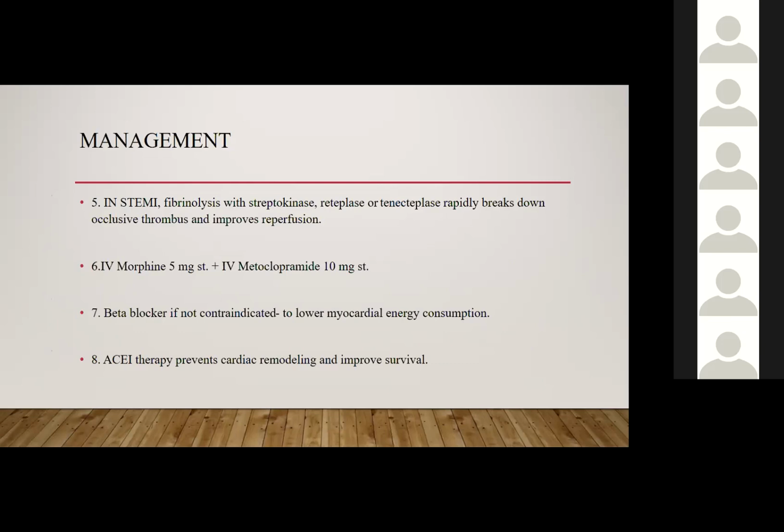That's where your recombinant tissue plasminogen activators come in, your alteplase, reteplase, and tenecteplase. So you start an infusion of that for the patient, okay? And if there's any form of thrombus sitting there, it's basically going to break it down and improve the reperfusion. Okay, so those are the major things you do for the patient.